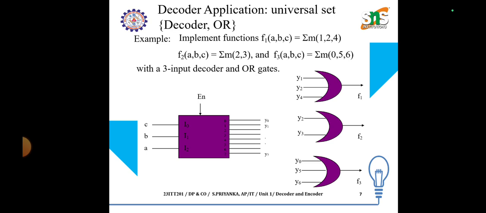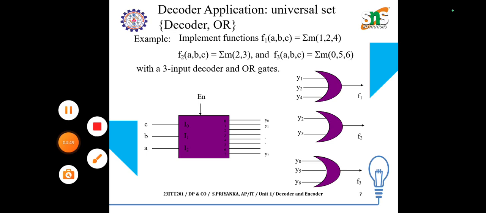In the main diagram we give 3 inputs A, B, C, and we get 8 outputs. From this we derive an OR gate using the given function, that is f1. Here f1 is given as 1, 2, 4, so we are using the outputs y1, y2, y4. In such a way the remaining also will take place.